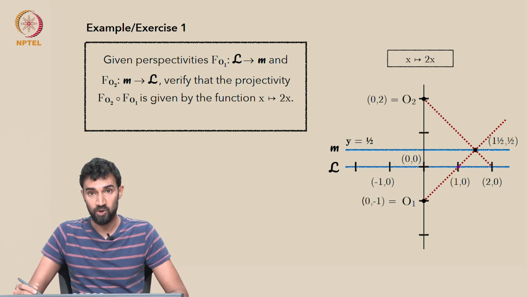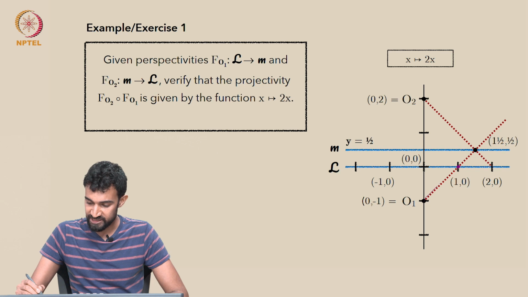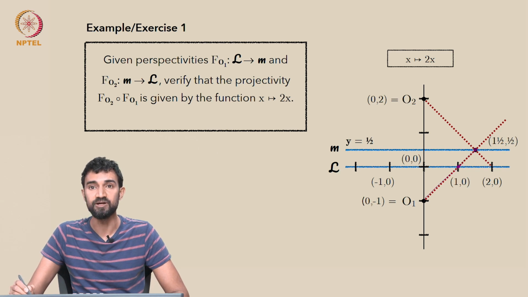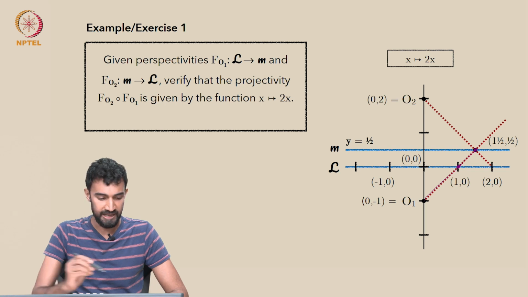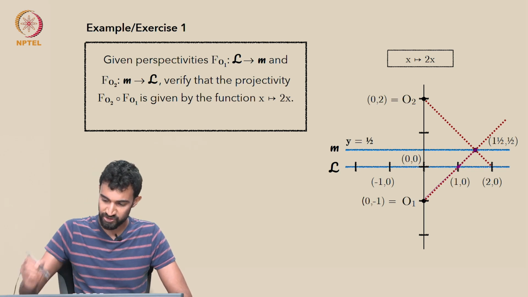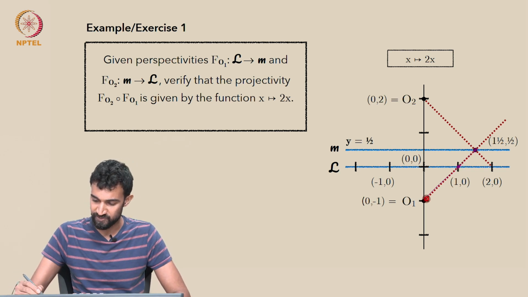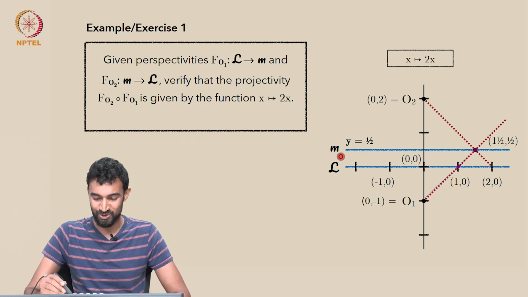So F_O1, what does it do? Well, it's projecting this point over to this point here. That's what F_O1 is doing on M. What is this point? Well, you can work out that it's (1.5, 1/2). M, by the way, is the line y equals 1/2.